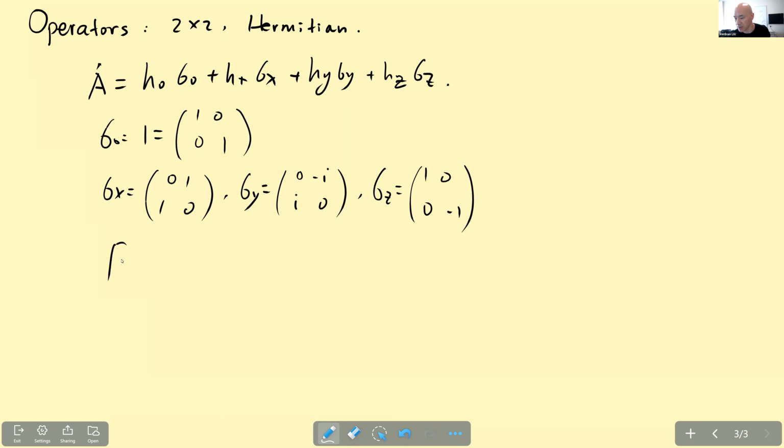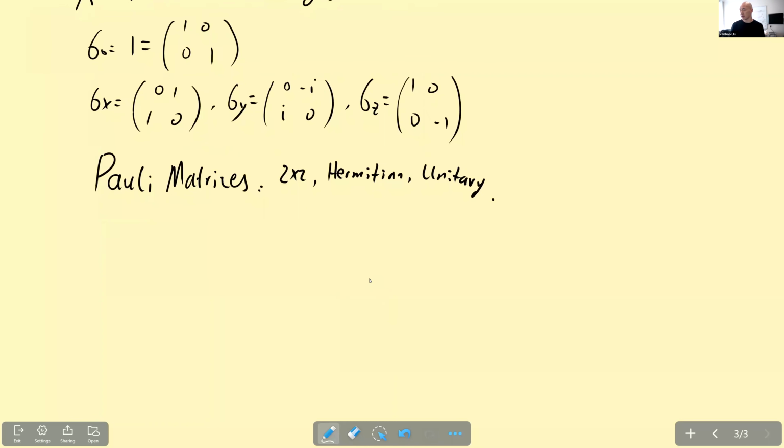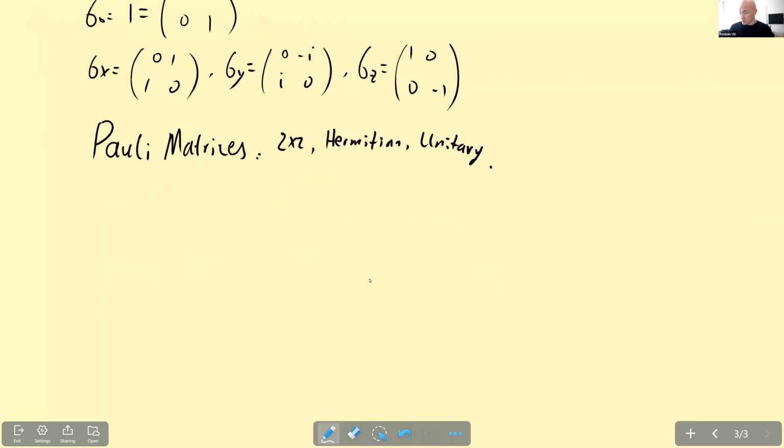So these are the Pauli matrices. They are 2 times 2 Hermitian, and they're also unitary. And they satisfy a very important set of commutators.